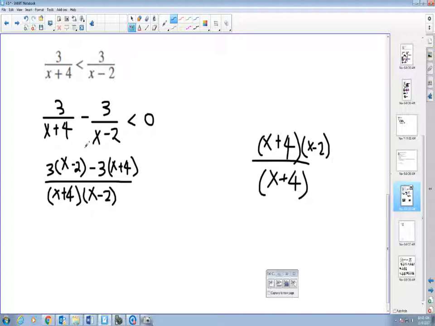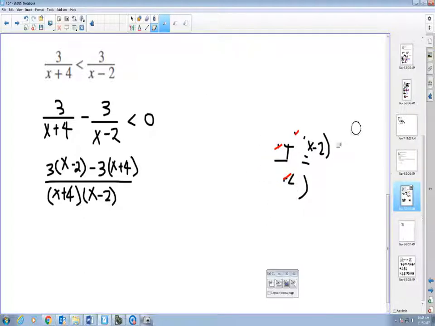My old denominator will go into the new LCD how many times? x minus 2 times, because the x plus 4 cancels out. The way I say it is just by looking at the old denominator compared to the new denominator and seeing what my old denominator is missing, because that is how many times it will go into it.